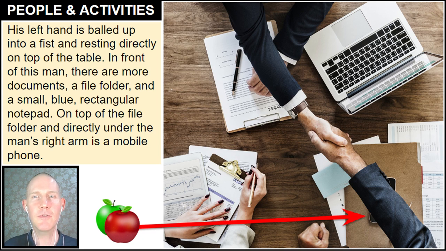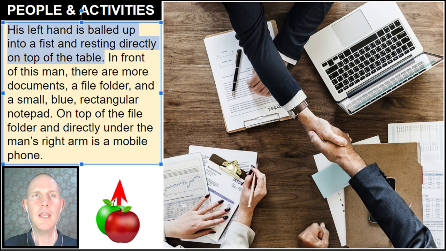All right, repeat after me. Let's do pronunciation. Here we go. His left hand is balled up into a fist and resting directly on top of the table. In front of this man, there are more documents, a file folder, and a small blue rectangular notepad.